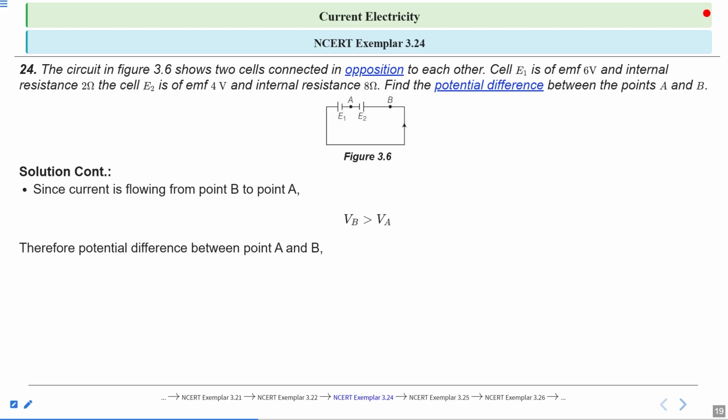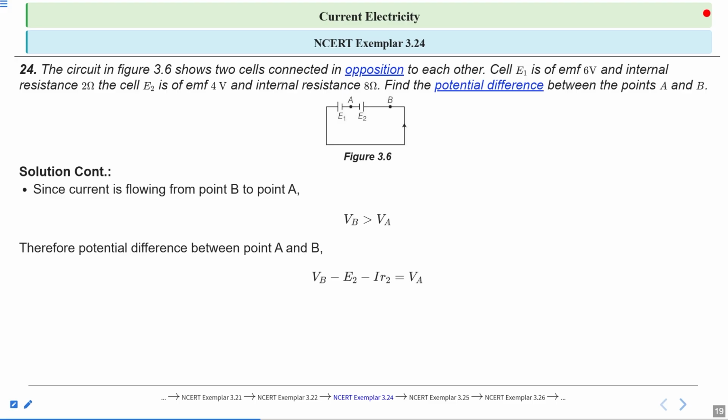We are just going from one point to another point. Rules are same. If we are going from positive terminal to negative terminal of battery, its EMF will be written as negative, or potential drop will be written as negative. If we are going in the direction of current through a resistor, then potential drop will be negative. If we are going in the direction opposite to the current through a resistor, then its potential drop will be added. Rules are same.